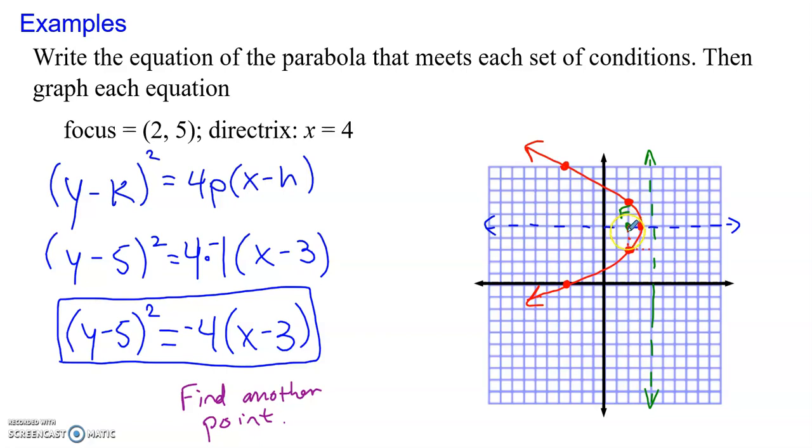So if you look at this point, it is both 2 units away from the focus and 2 units away from the directrix. And this point will also be 2 units away from each. So the way you can get that point is from the focus, you could move 2p away, and in this case it's above and below, and that point will also be on the parabola.